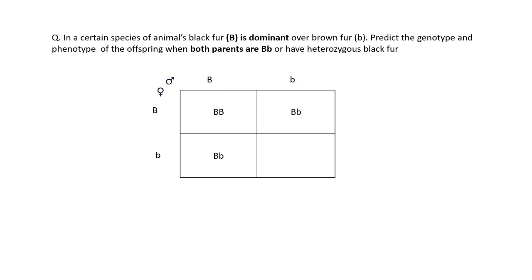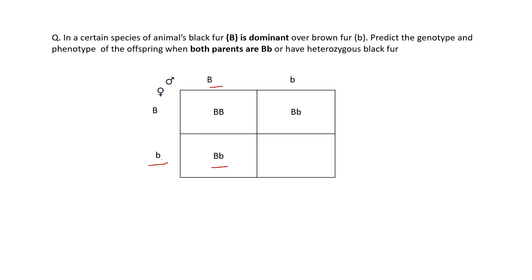Next is small b and capital B, but as per the standard nomenclature we usually write capital B first. Because this is a capital B and small b combination only, you can write it as capital B and small b. It is not the case that you have to always write from the male or female parent.